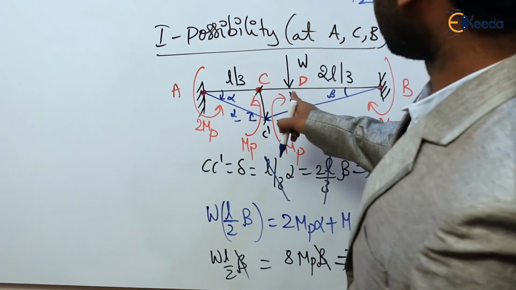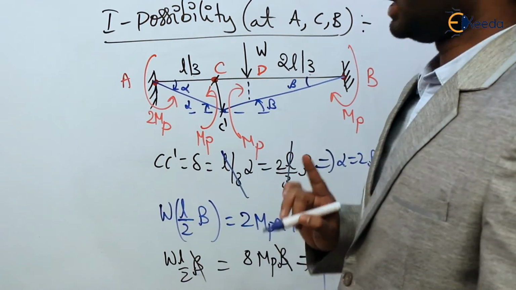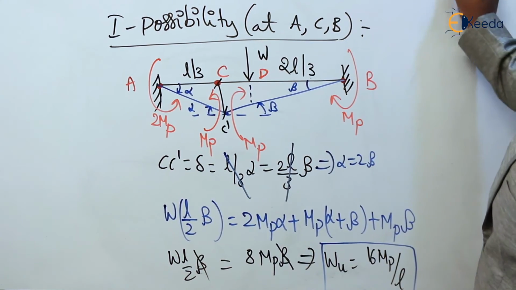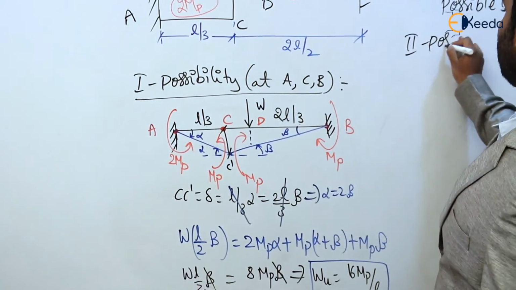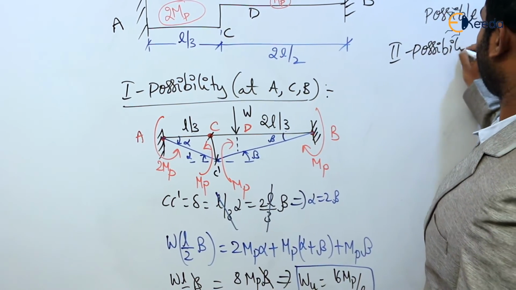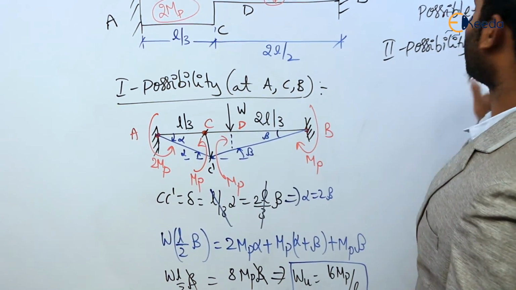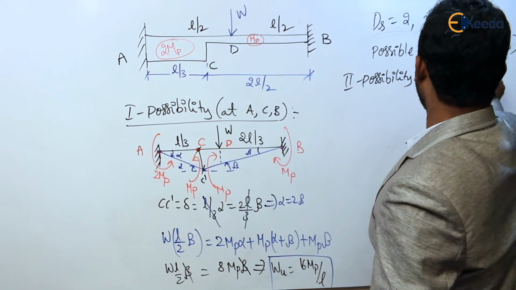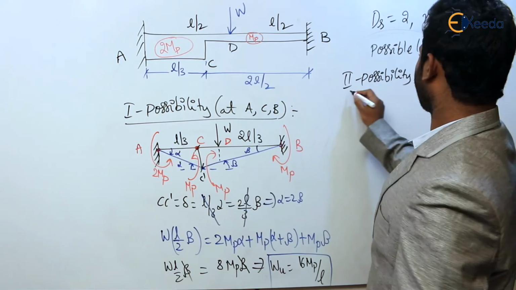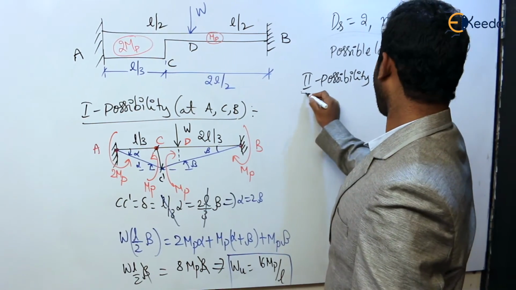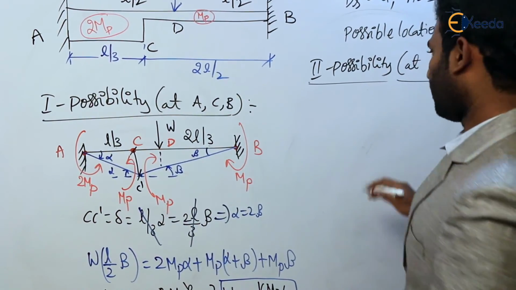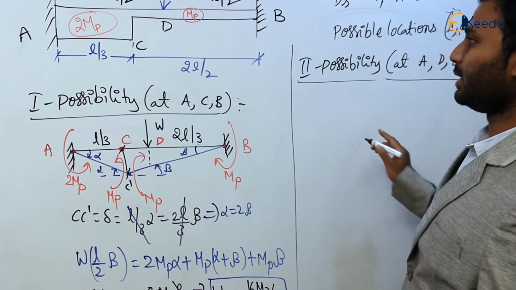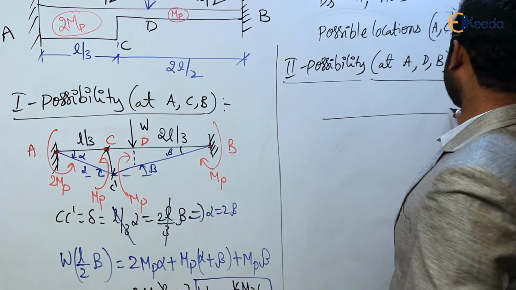Here we have to consider the displacement under the point load. Now let us come to the second possibility, possibility 2. The second possibility is hinges at A, D, B. So again draw the diagram, the beam.